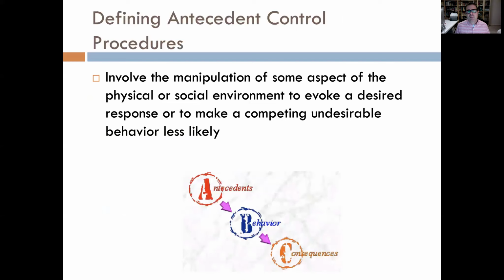Now, let's talk about, again, the definition of antecedent control procedures: the manipulation of some aspect of the physical or social environment to evoke a desirable response or to make a competing, undesirable behavior less likely.